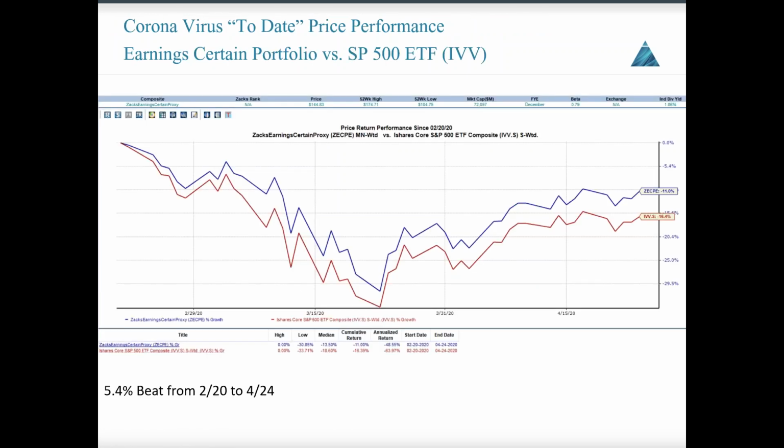Okay. So let's take a look at some performance of the earnings certain portfolio versus the S&P. These are obviously updated numbers since the first call. We're now looking at a 5.4% beat over the 2/20 to 4/24 time frame over the S&P 500. Equal weighted average stock down 11%, and the earnings certain IVV is down 16.4.